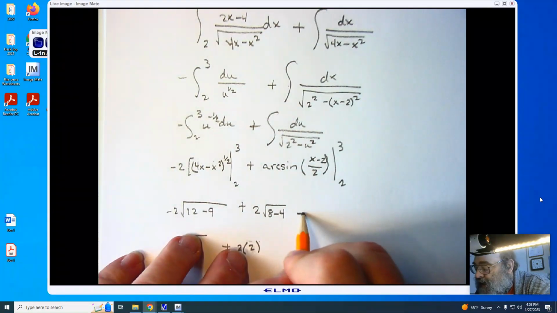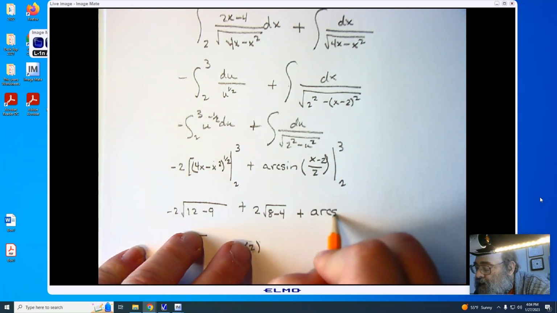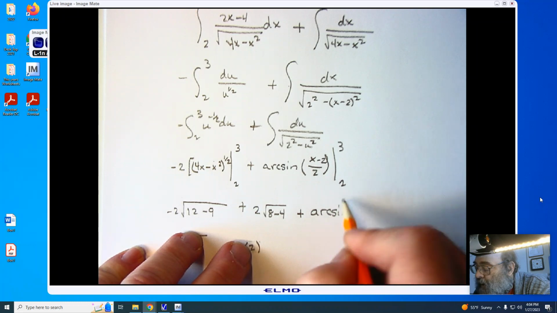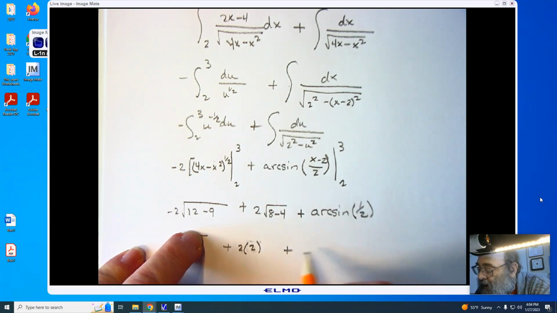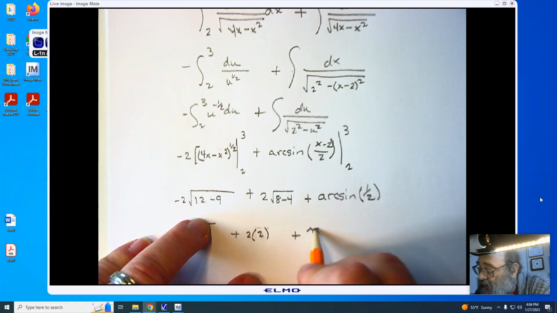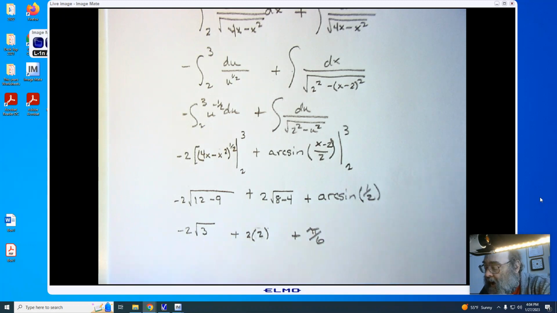Then I'm going to go to this next piece, plus. We plug in the 3, and we have the arc sine of 1/2. And we already know that the arc sine of 1/2 from a previous question is pi over 6. And this is giving me the arc sine of 0, which is 0.